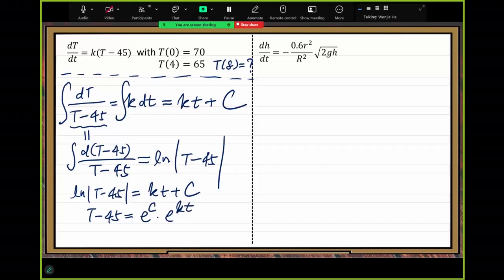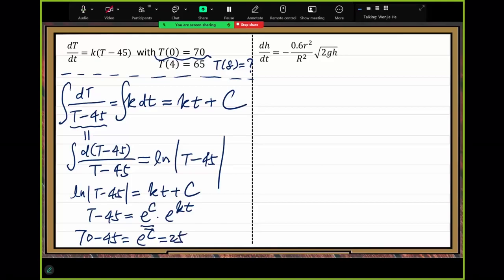But for e to this capital C, we plug in the initial condition t of 0 equals 70. So we want to figure out that capital C term. So 70 minus 45 equals e to the C. E to the C equals 25, right?